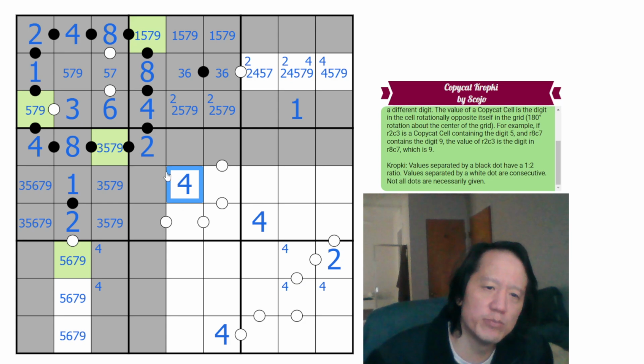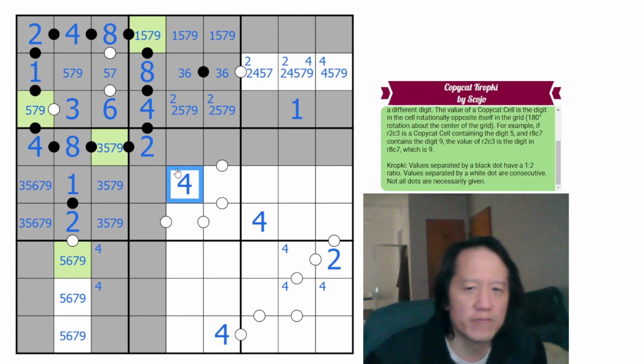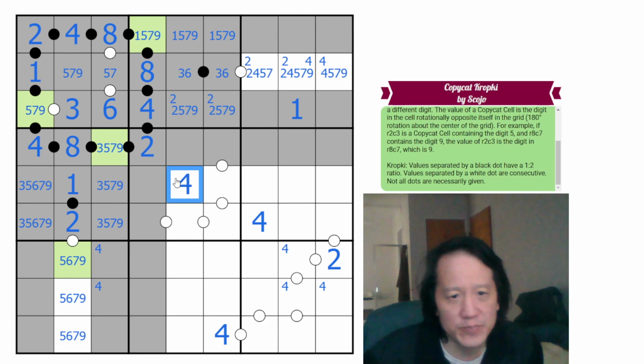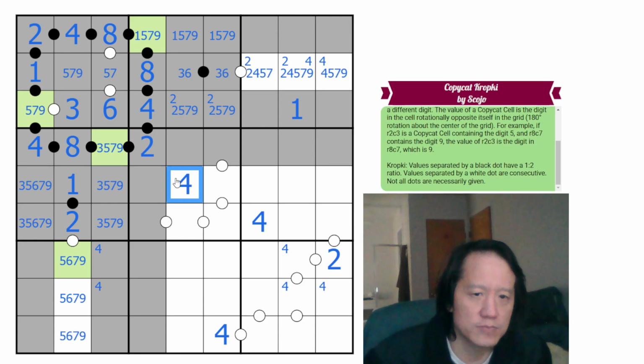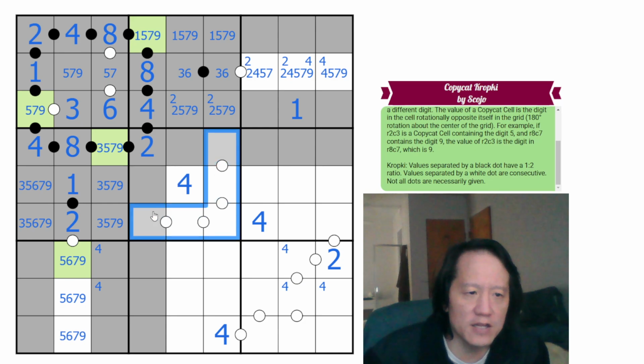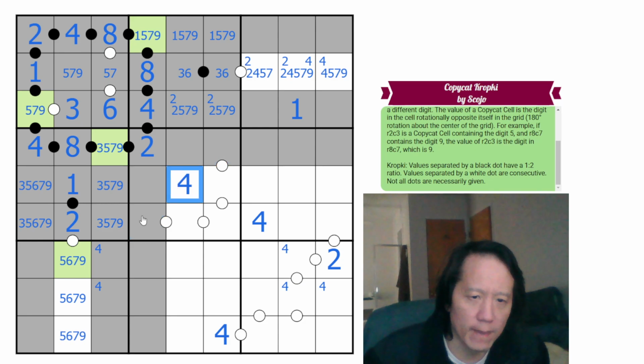I mean, this could be the copycat cell. Interesting. Okay, so if any of these are the copycat cell, it must essentially be the copycat cell. So these two are not the copycat cell, obviously. Interesting.